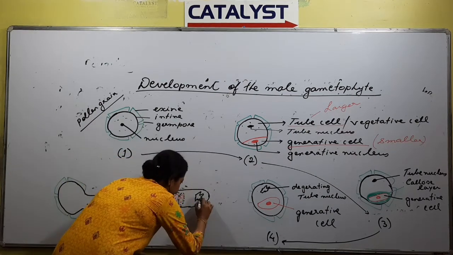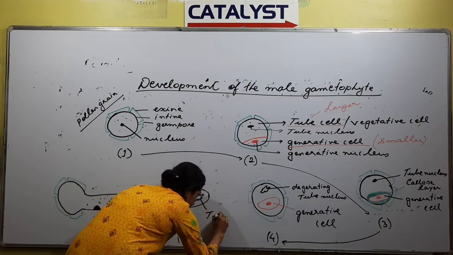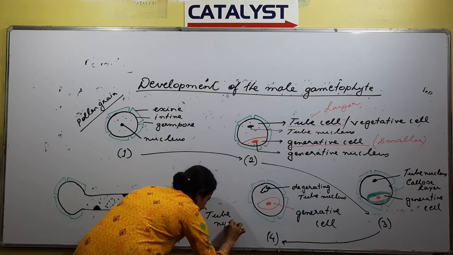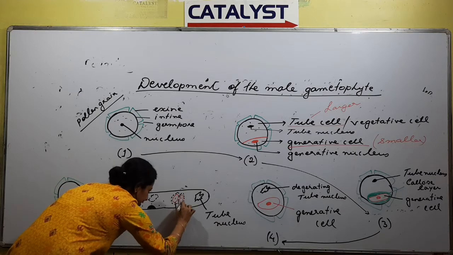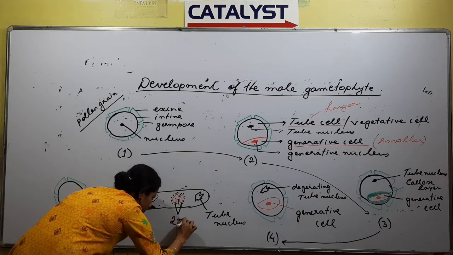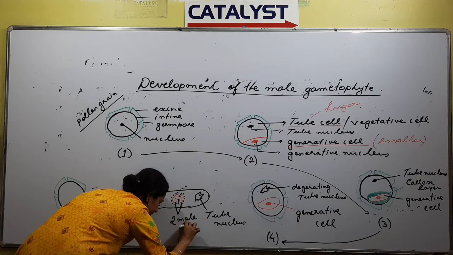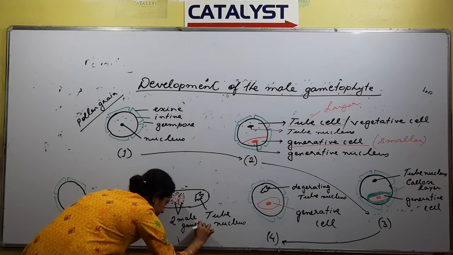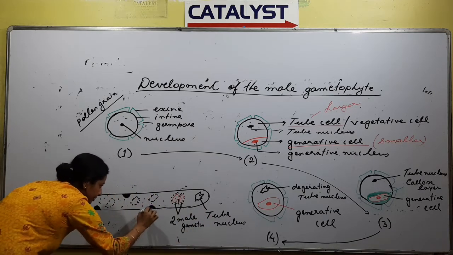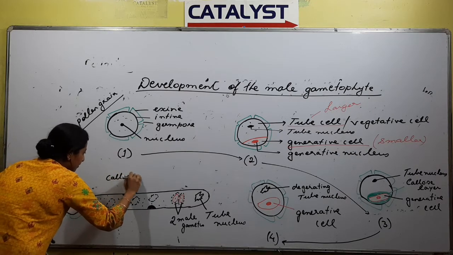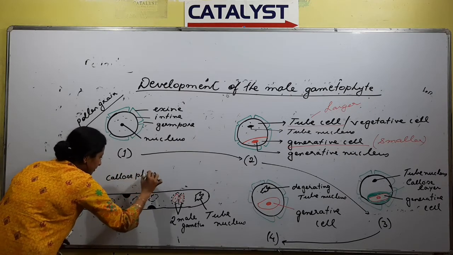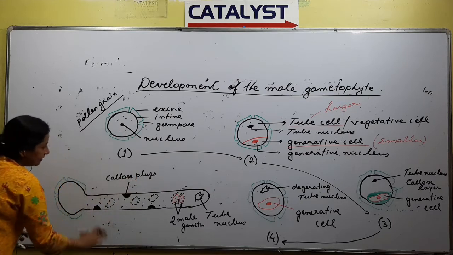This is the tube nucleus. These are two male gametes. These black-colored ones are the callose plugs.